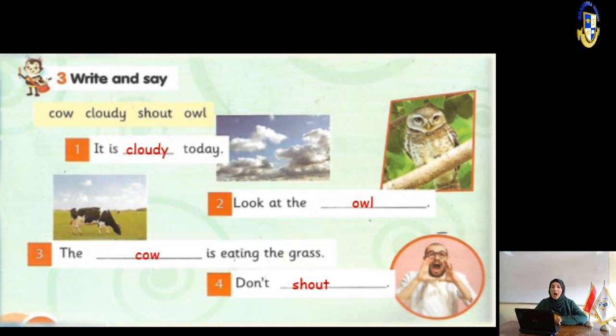Owl. Number 3, the what is eating the grass? What is this animal? Cow. The cow is eating the grass. Number 4, this is imperative and negative. Don't do what? Don't shout.